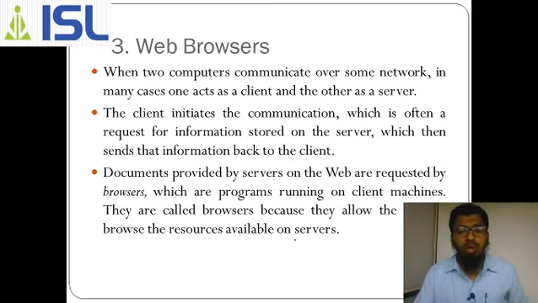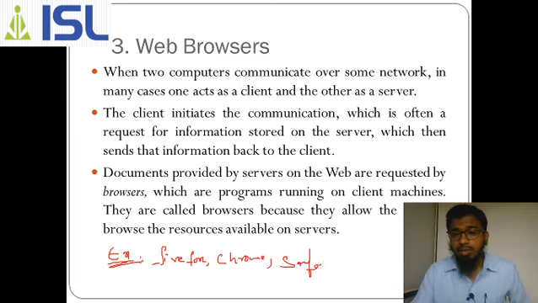Web browser. What is a web browser? Everyone knows a web browser. The web browser examples are Firefox, Google Chrome, Safari, UC Browser, etc. So when two computers are connected over some network, in many cases one acts as a client and the other is a server.